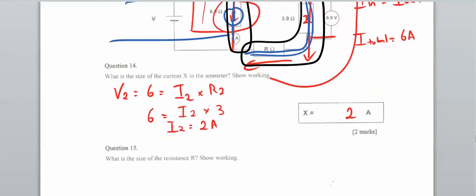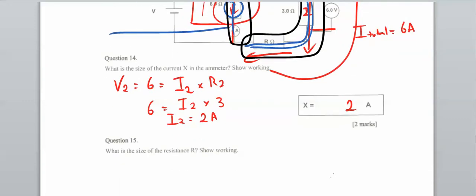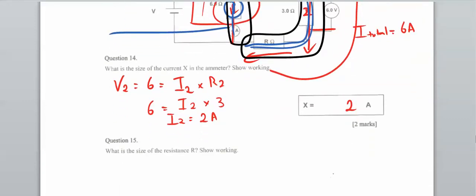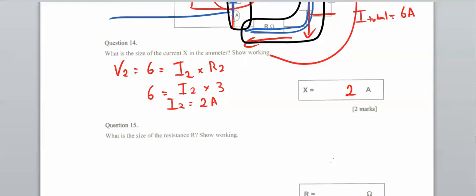This is where a few students get confused. The voltage across this 6 ohm resistor is current times resistance, which is 4 times 6, equal to 24 volts.